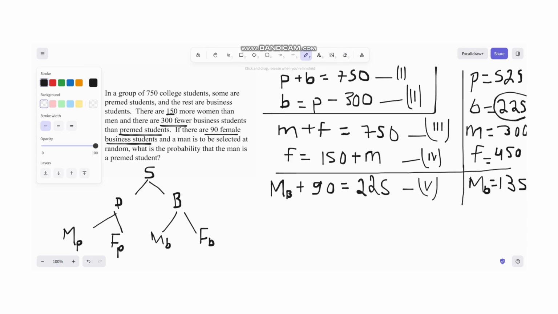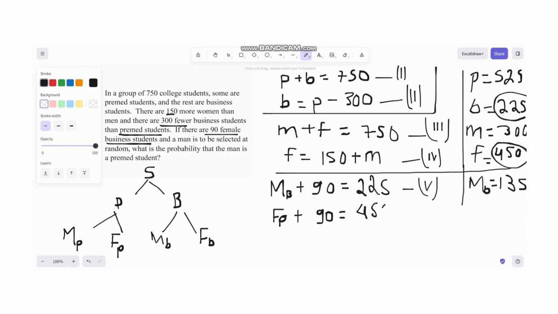Now another part of the equation is, out of all female students, only 90 are business students. That means the rest will be prim students. That's obvious, right? Prim students, that means female prim students plus 90, which is the rest of all female students, that will equal 450, total population of female.